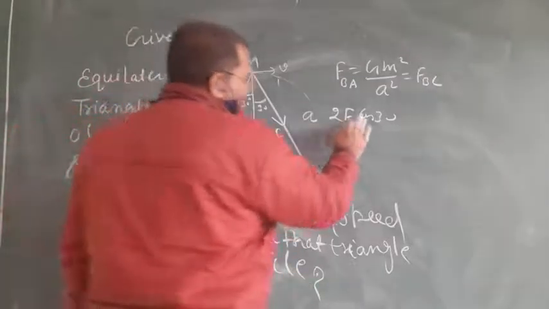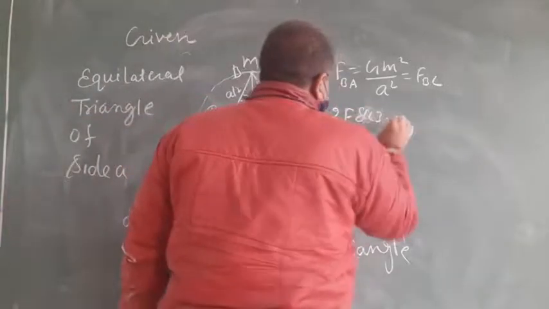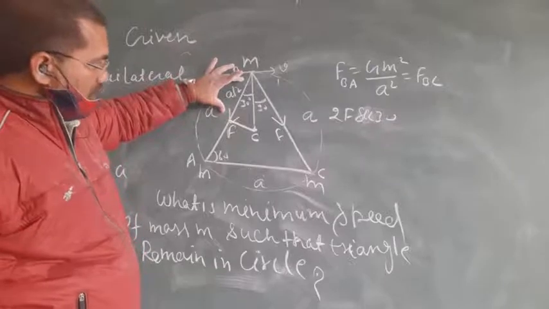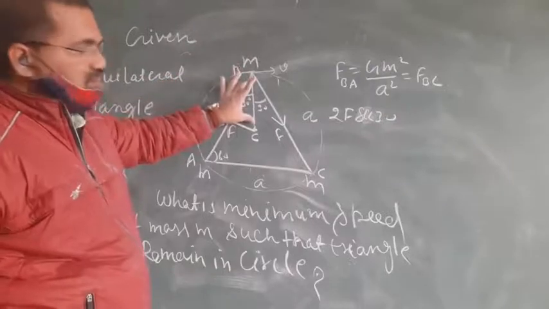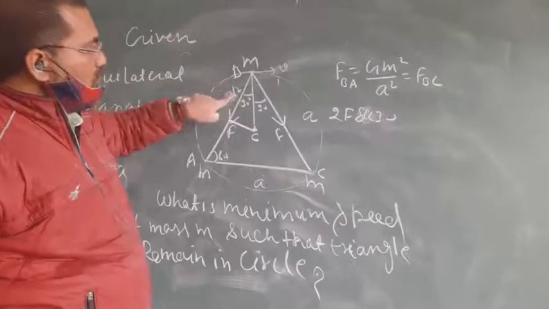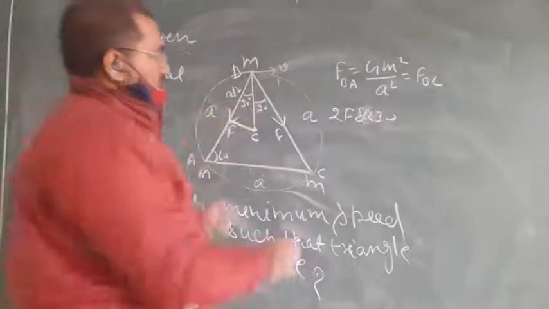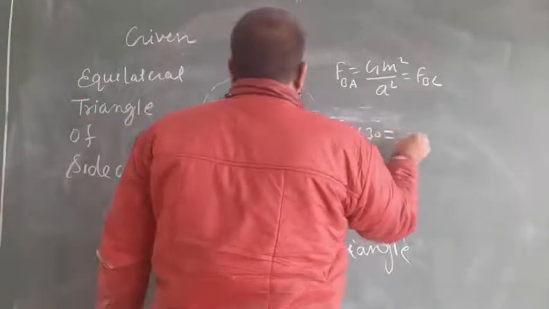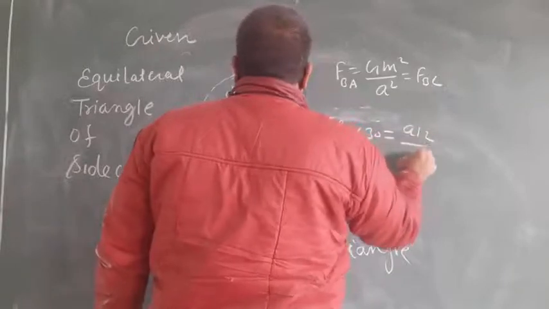Sorry, F sec 30. This is A by 2. Base, this is hypotenuse. So sec 30 equals hypotenuse upon base.